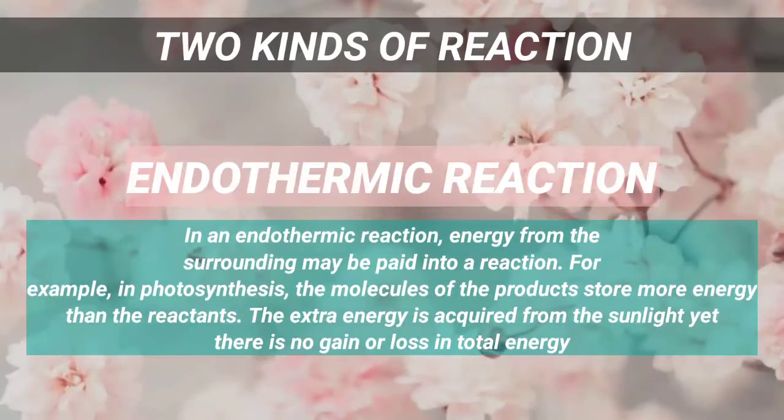In this reaction, energy from the surrounding may be paid into a reaction. For example, in photosynthesis, the molecules of the product store more energy than the reactants. The extra energy is acquired from the sunlight, yet there is no gain or loss in total energy.